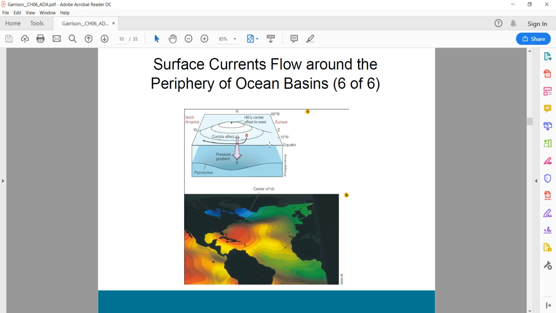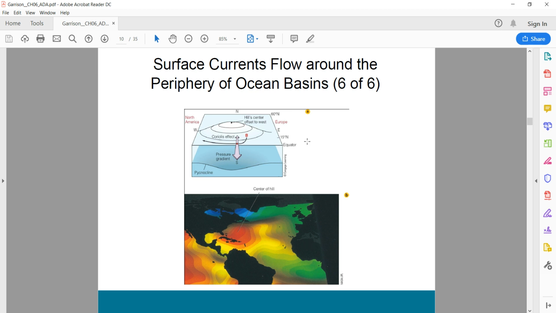So if you look at this depth of water, there is a mounding of water near the North Atlantic region. This is a color map showing the depth or the height of water at different locations in the North Atlantic Ocean. The red color indicates higher height of water in the ocean, the yellow color represents lower, and the green color represents even lower height of water.